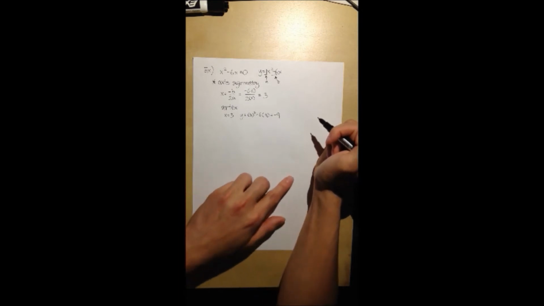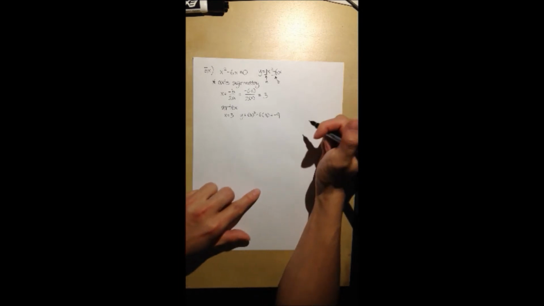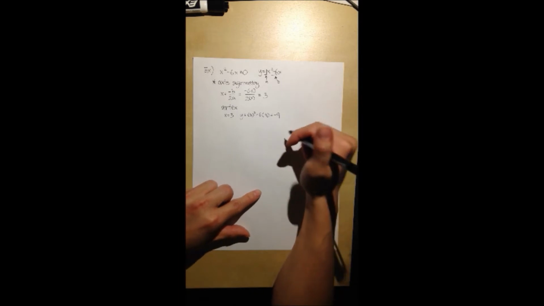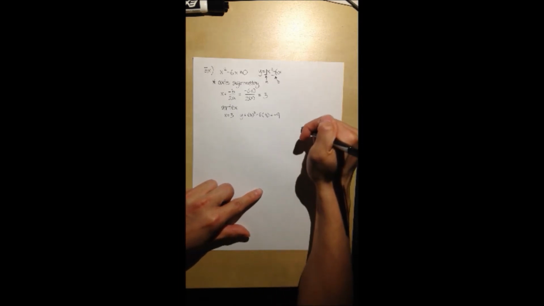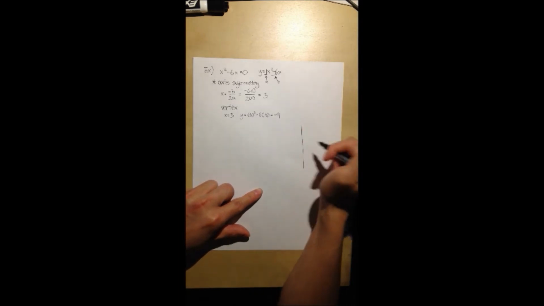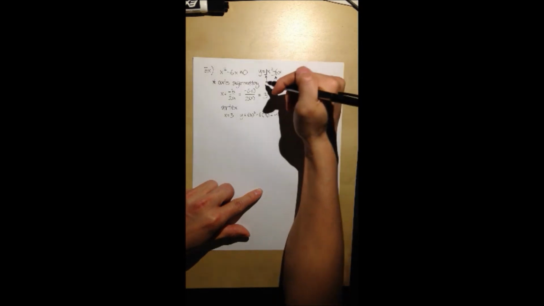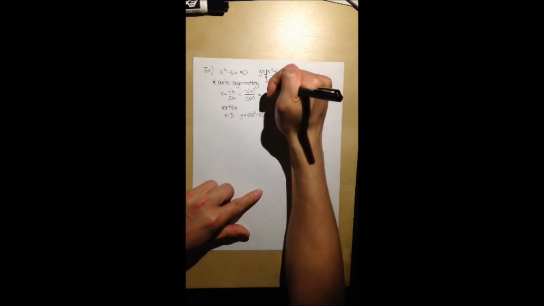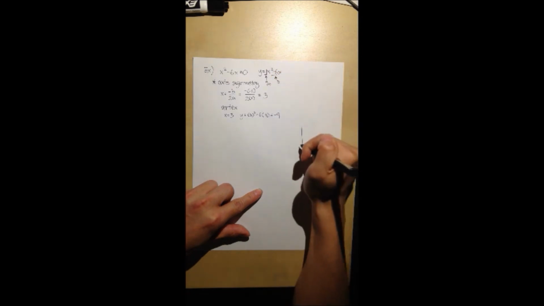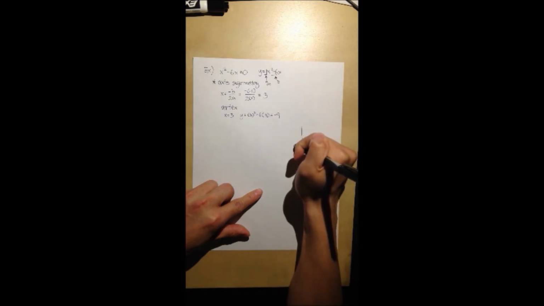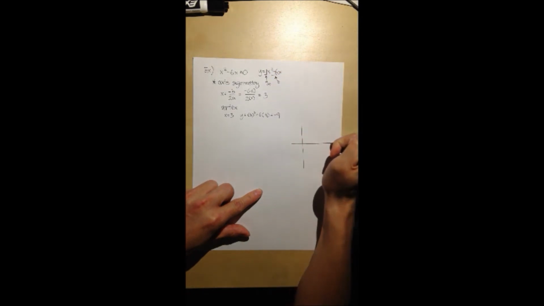So I'm going to go ahead and graph this now. I'm going to start the graph right now. So we know this is going to face what? Since this is a positive value, we know that this graph is going to face upwards.